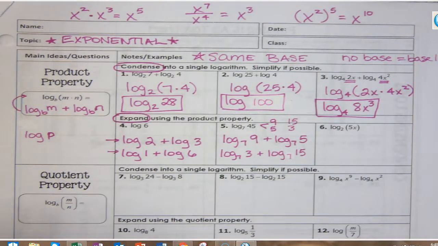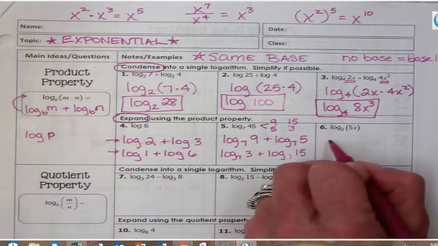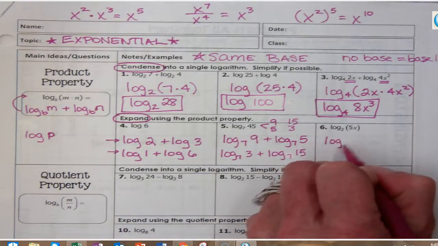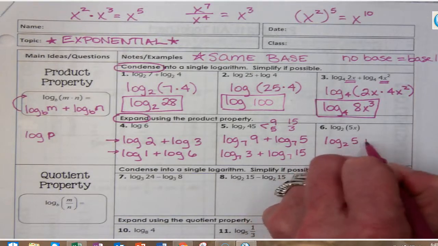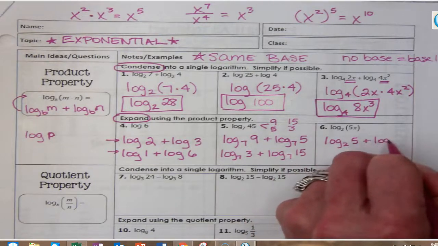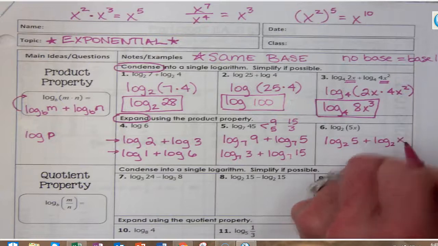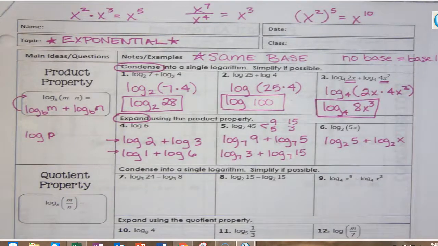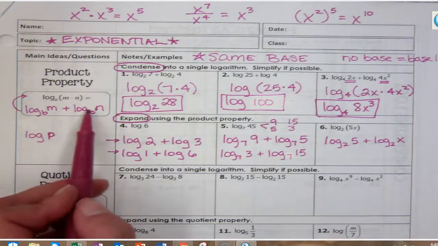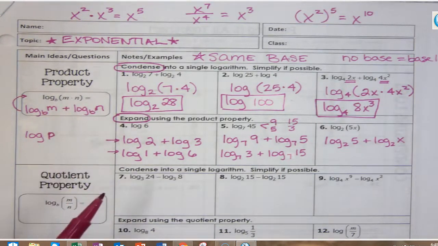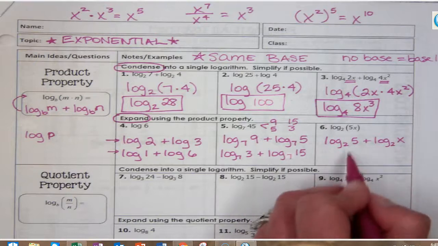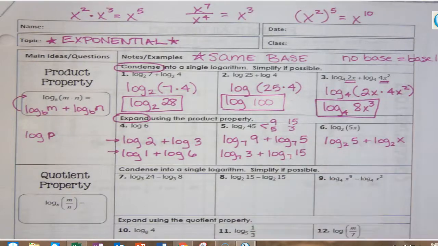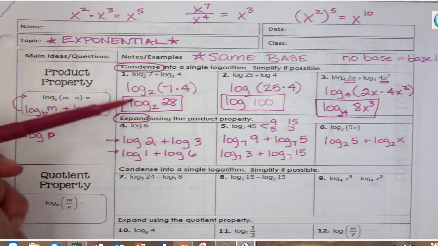Oops, that's a base 7, not 17. So there are multiple answers on these, no one right answer. And this one, let's just say log base 2 of 5 plus log base 2 of x, because if I were to take those and multiply them back together, I would get log base 2 of 5 times x. You really need to make sure you know how to do both of these.